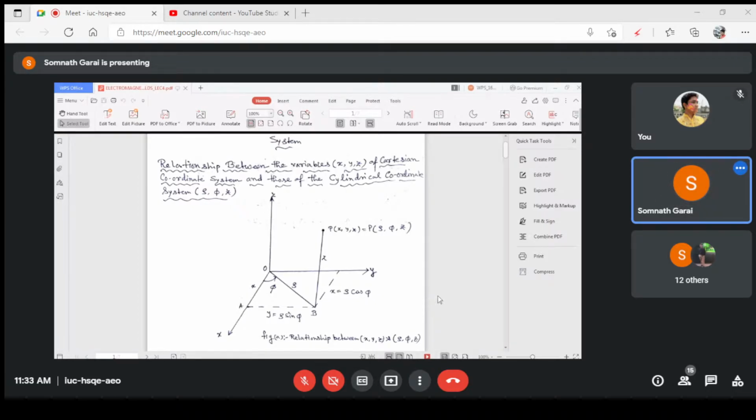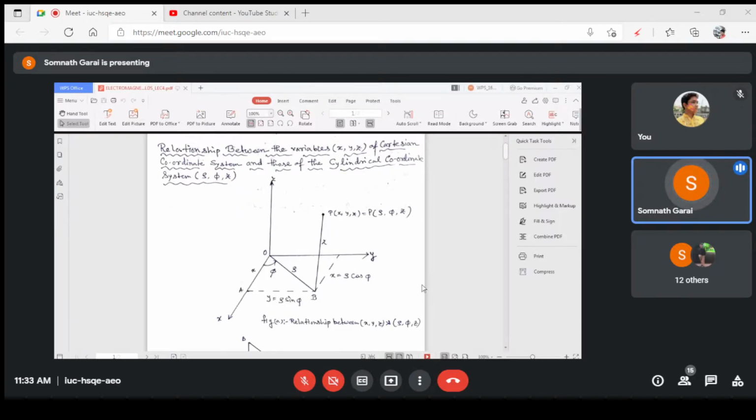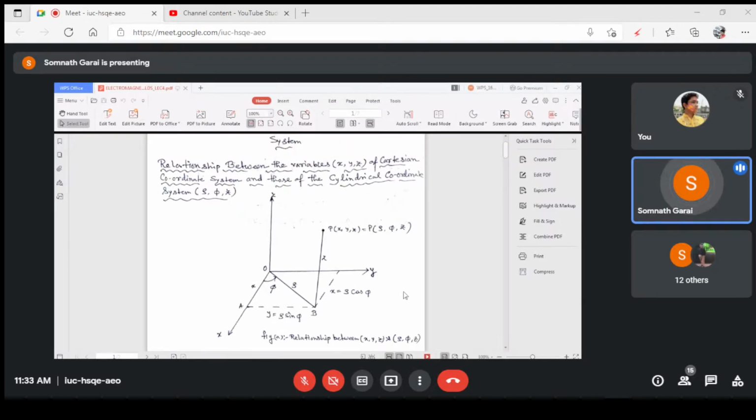First we draw a comparison figure of the relationship between x, y, z and rho, phi, z.